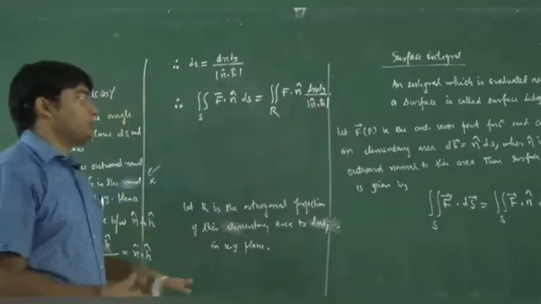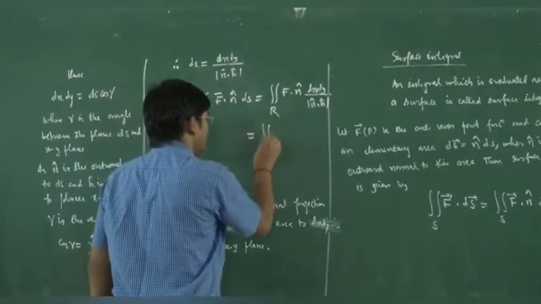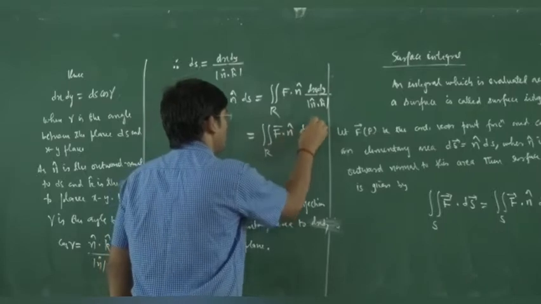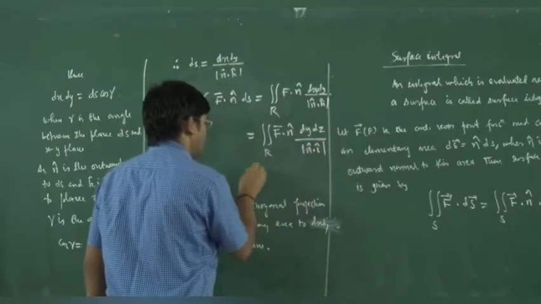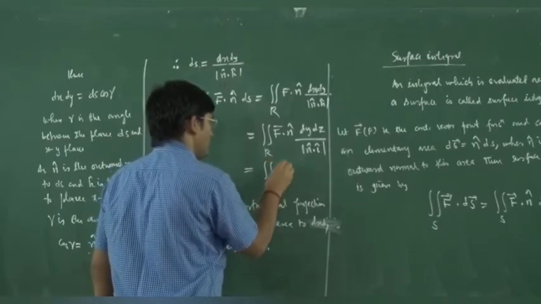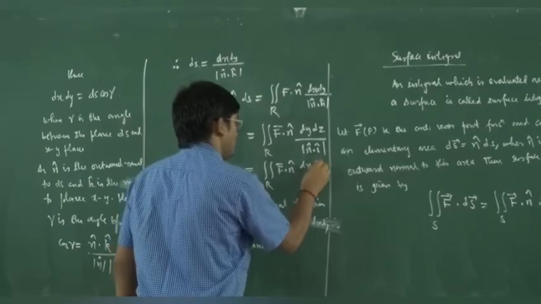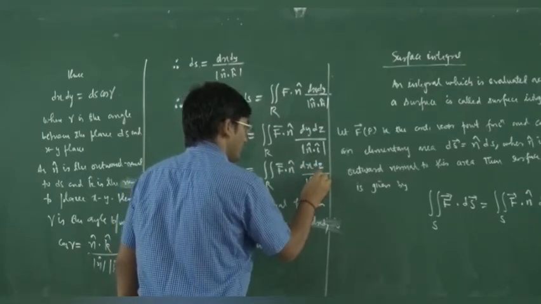Now if you take the projection of dS in the yz plane, then this will be your double integral of F dot n dy dz upon n dot i. Again, it is equal to the double integral of F dot n dx dz upon n dot j.